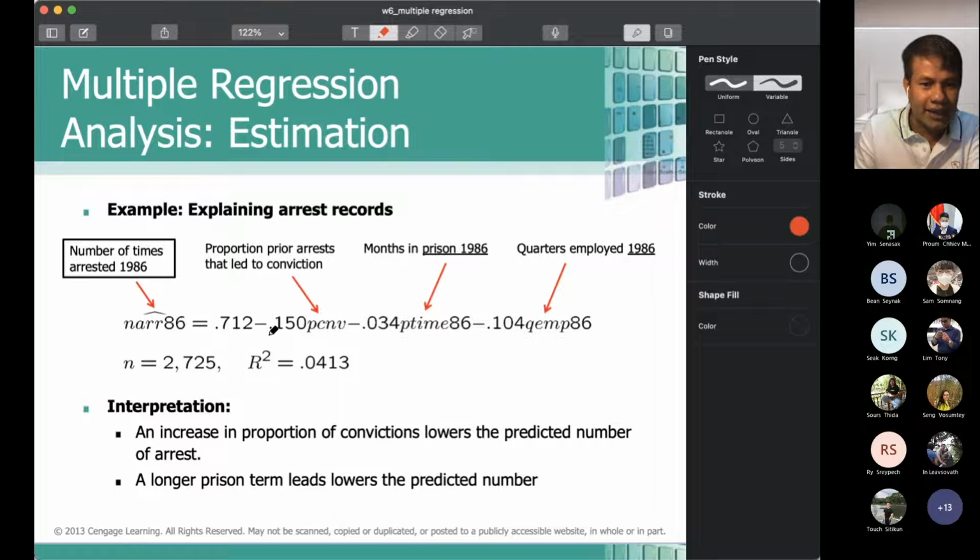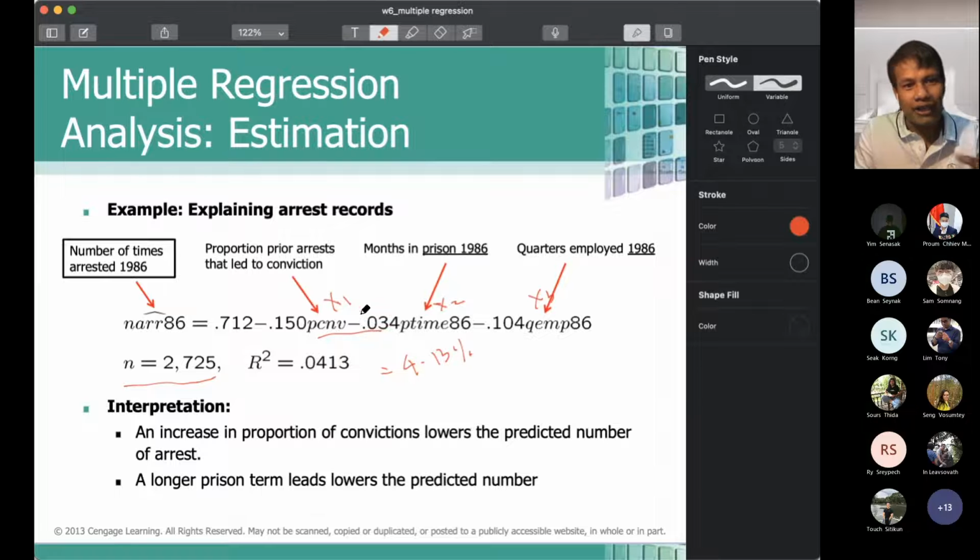So here we have R square and we have N, meaning that in these regressions, there are 2,725 respondents. The model that includes 3 independent variables, here as you can see, this is X1, this is X2, this is X3, only explains the variation of the dependent variable 0.0413, which is equal to 4.13%.